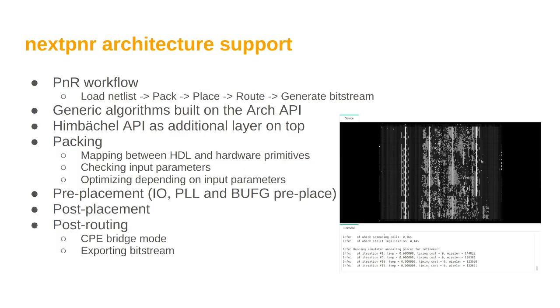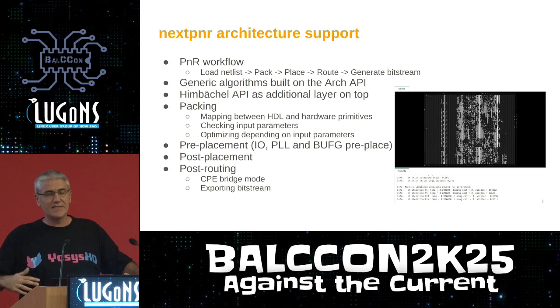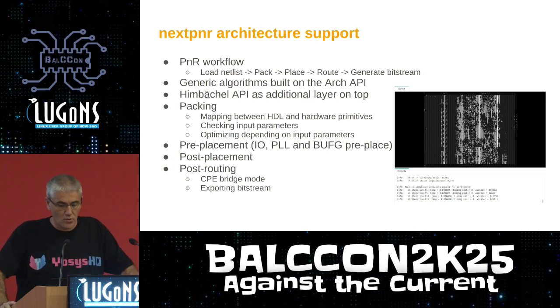We do have some generic algorithms in XPNR, and there is the Himbächel API, which is an additional layer on top that gives you easier access to some of the most common architecture APIs. And we start with the packing procedure, which is used to map some of the HDL primitives to a hardware primitive.